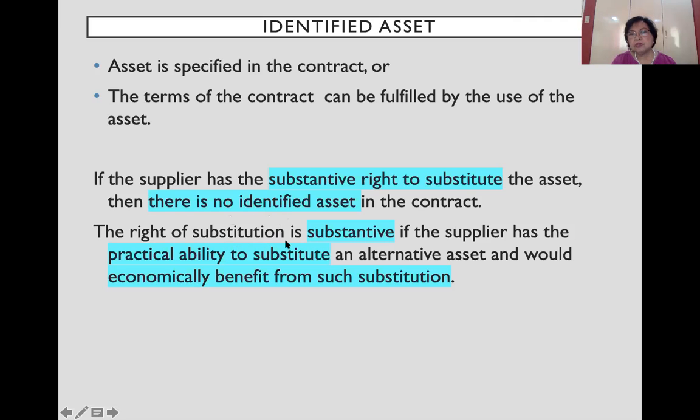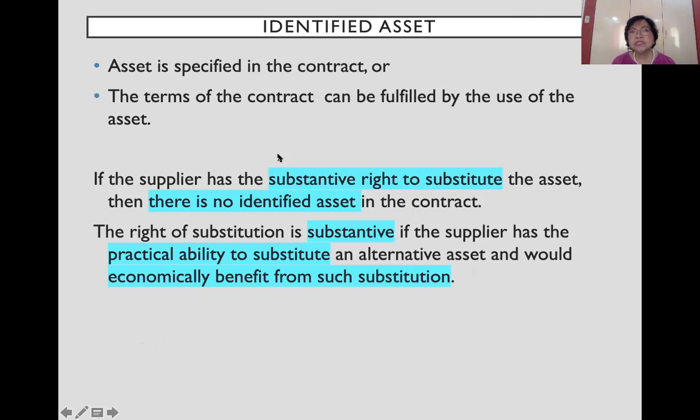The right of substitution is substantive if the supplier has the practical ability to substitute an alternative asset, and that substitution, again, would economically benefit the supplier from such substitution.